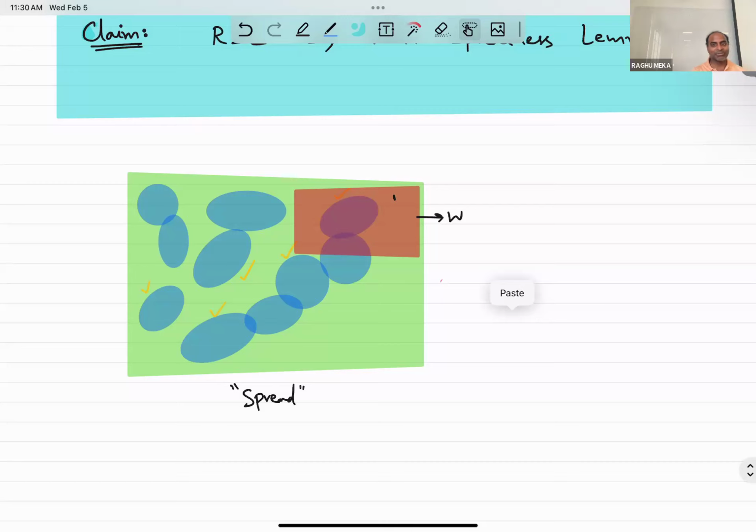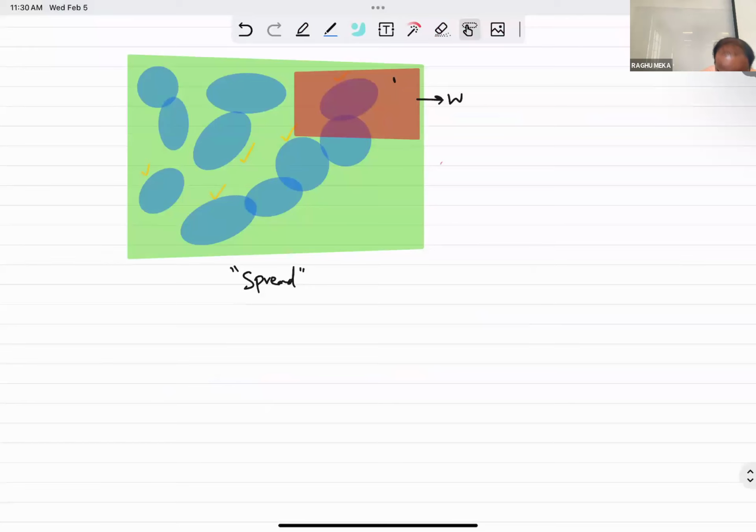Okay. So the way they did it is the following. What are we really trying to do? Let's say the universe U is 1 through n, or maybe even little u, doesn't matter.